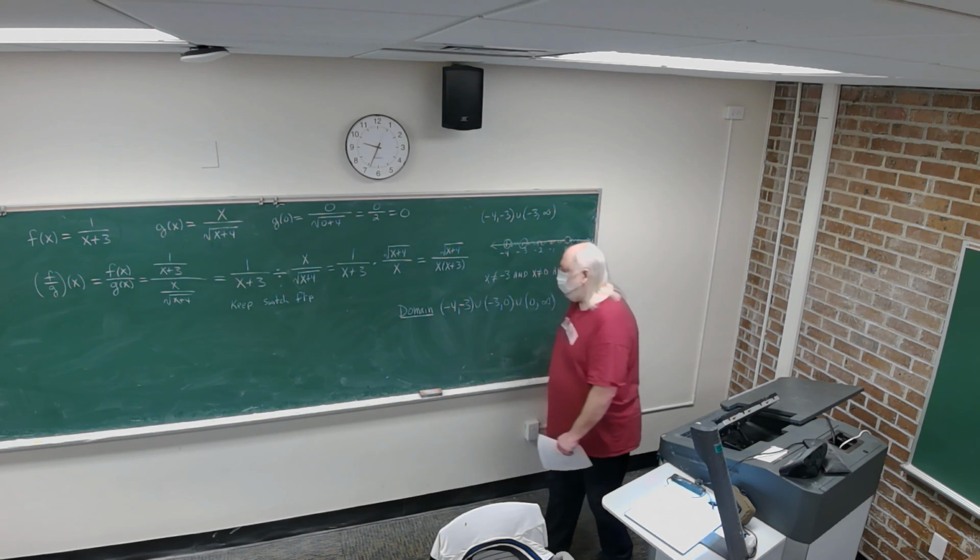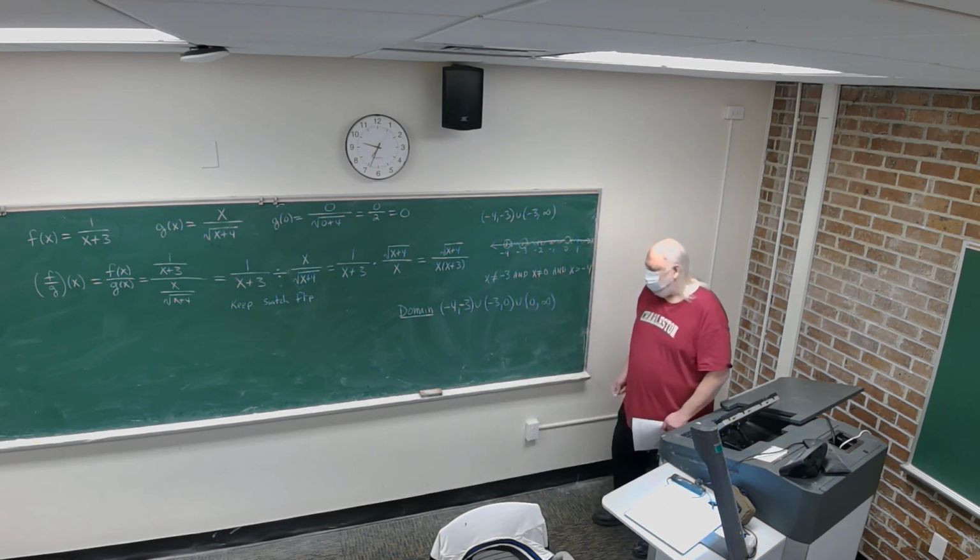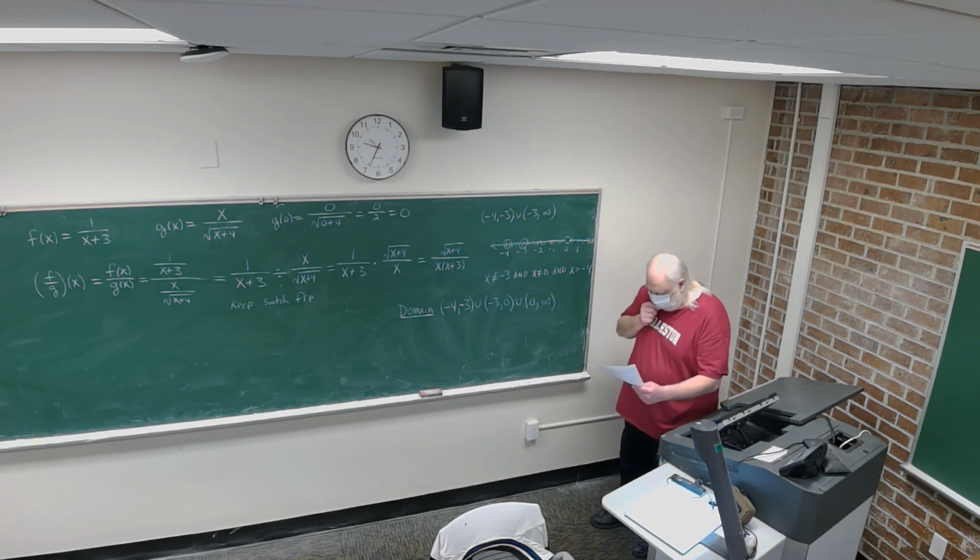So we remove the number 0 from the domain of the previous three combined functions, because you can't divide by 0. Because at x equals 0, g of 0 is equal to 0, and you can't divide by 0. Any questions on that?